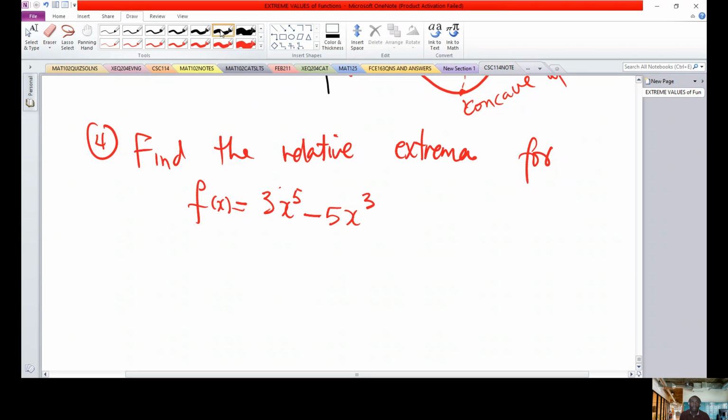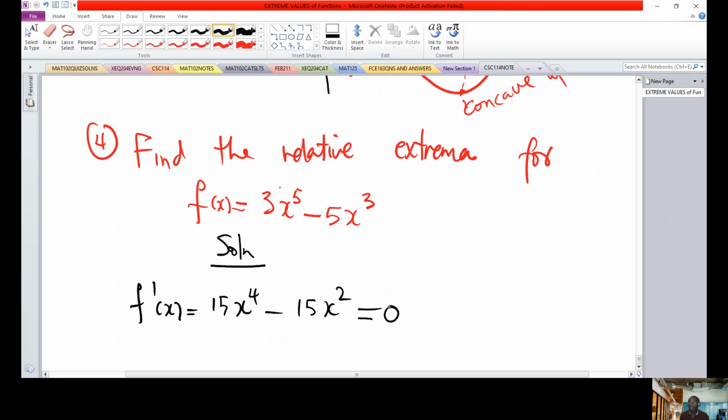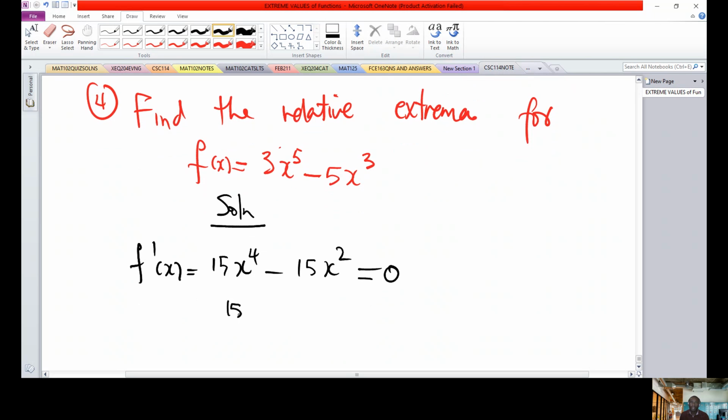So remember, we can get extrema by simply getting the critical points and testing their values. So f prime of x will be given by 15x power 4 minus 15x power 2. Then we equate this to 0. So I have 15x squared into x squared minus 1 equals 0. So x equals 0, x equals -1, x equals 1 are the critical points.